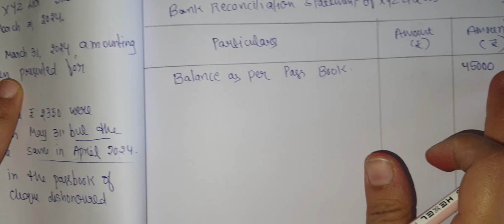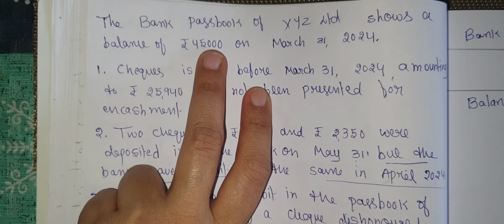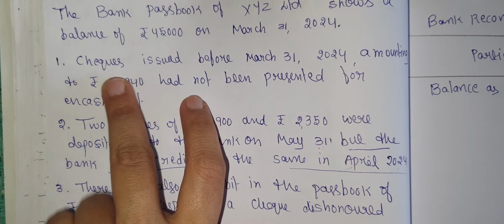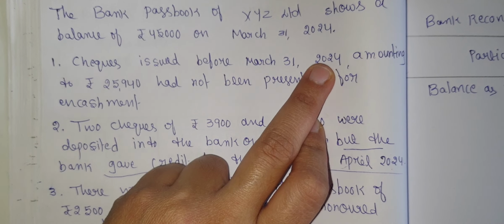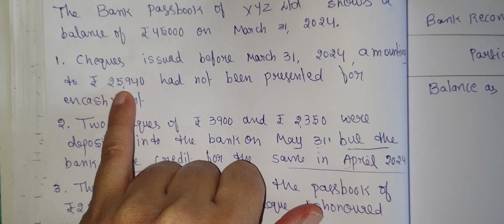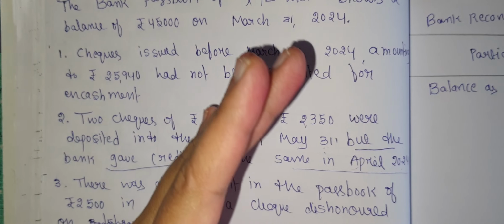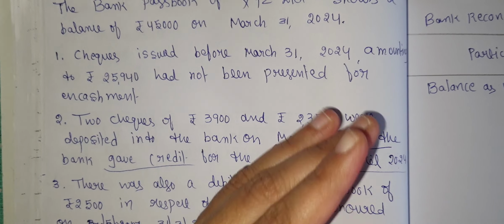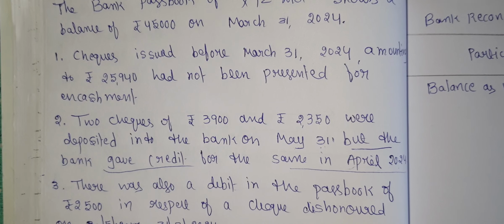Next, the first transaction is checks issued before March 31st, 2024 amounting to rupees 25,940 that had not been presented for encashment, meaning it had not been presented for payment.